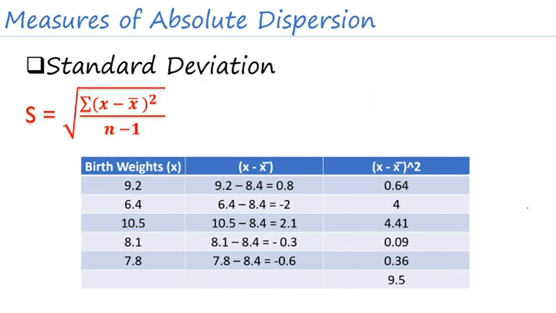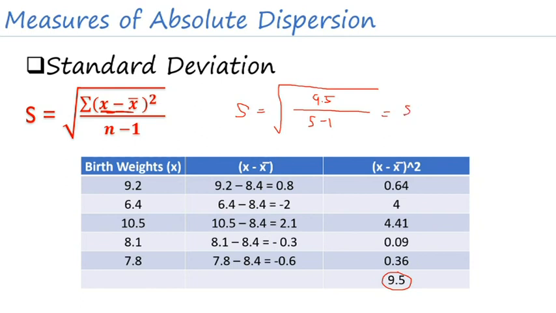For the standard deviation, pwede nating i-substitute yung scores natin dito. We have S. S is equal to square root of, we all know that x minus x bar squared is just equal to 9.5. So, kuhanin lang natin. This is equal to 9.5 divided by n minus 1, it is equal to 5 minus 1.